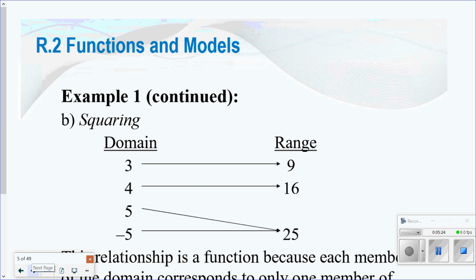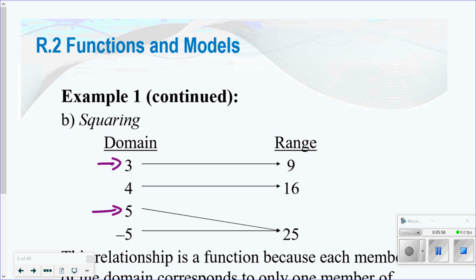Okay, this is also a function because every time we put in a number, when we put in 3, we get out 9. When we put in 4, we get out 16. When we input 5, we get out 25. When we input -5, we get out 25. It doesn't matter that -5 went to 25 and +5 also went to 25.